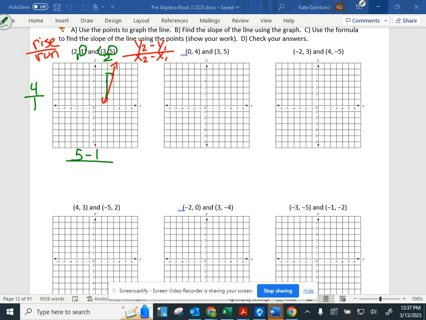And I put that over x2 minus my x1. So 5 minus 1 equals 4, 3 minus 2 equals 1. Checking my answer, saying, hey, I got the same slope.